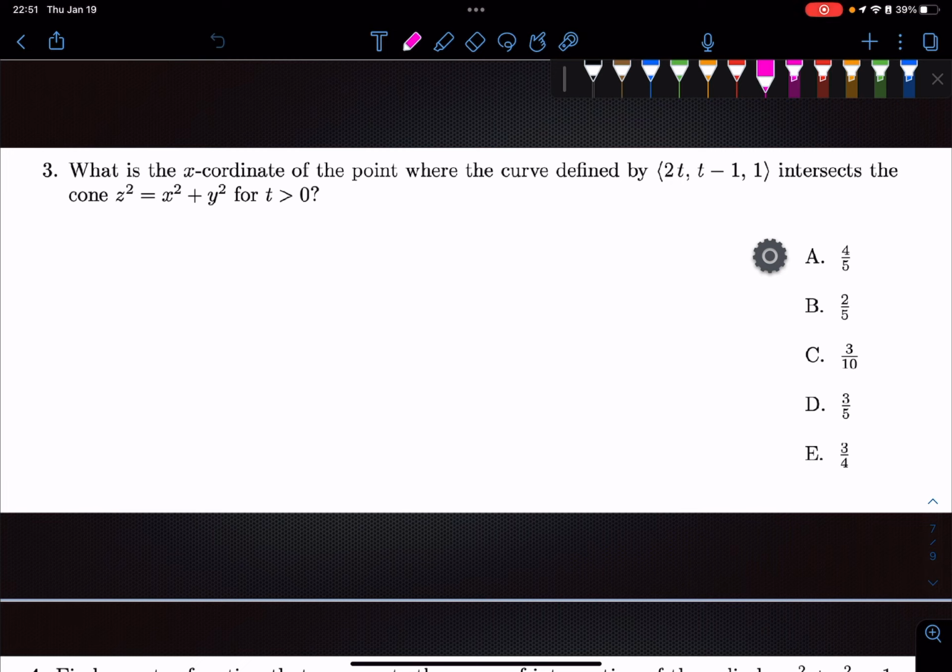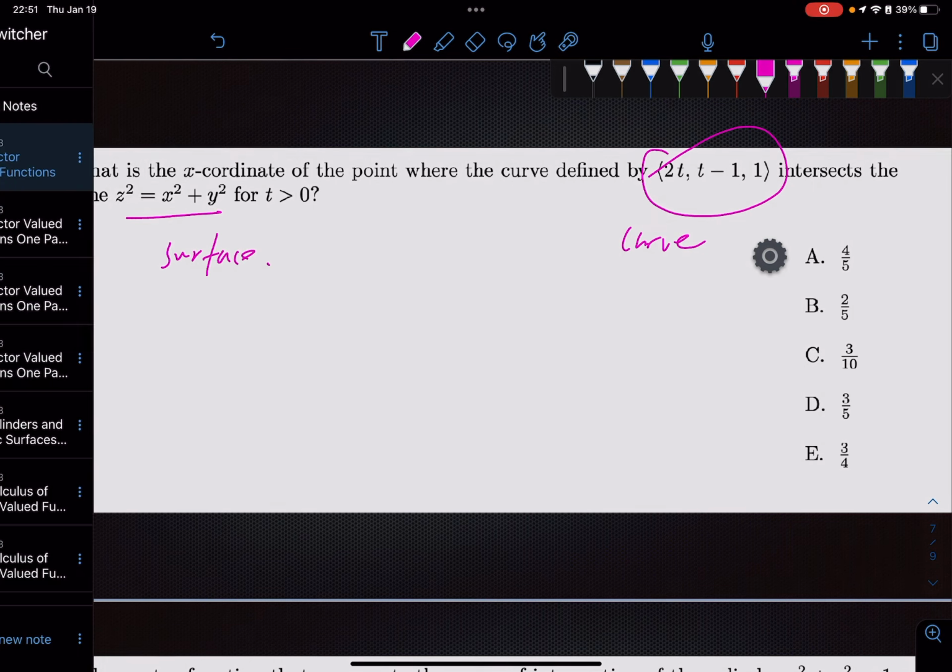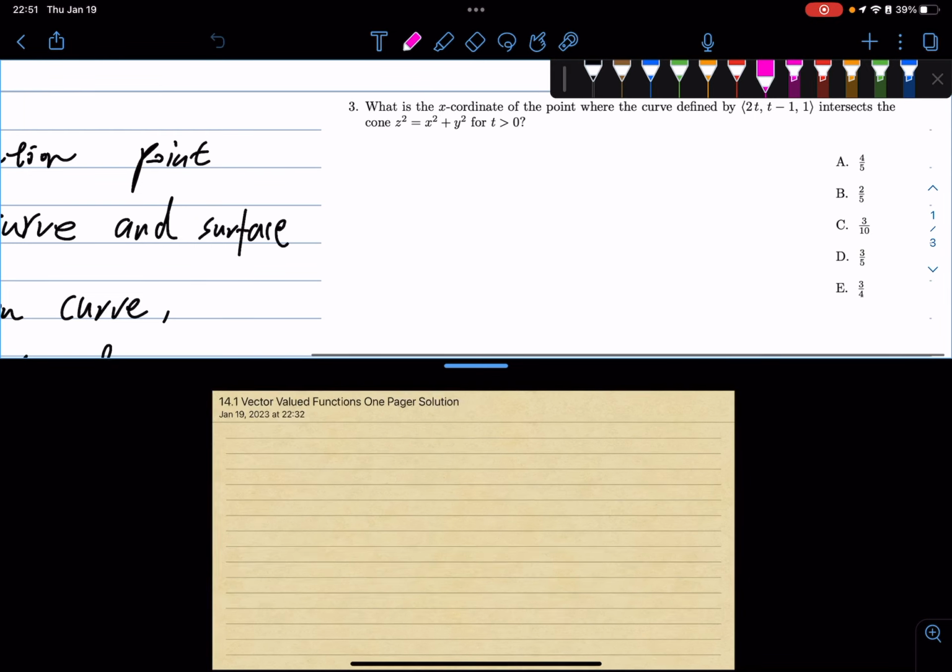So I think this is an intersection between a curve and a surface. It's a quadric surface to be exact, but it doesn't have to be. So this is the idea.